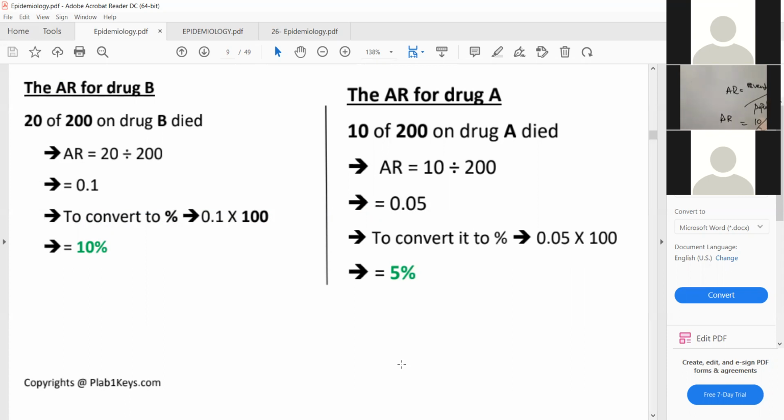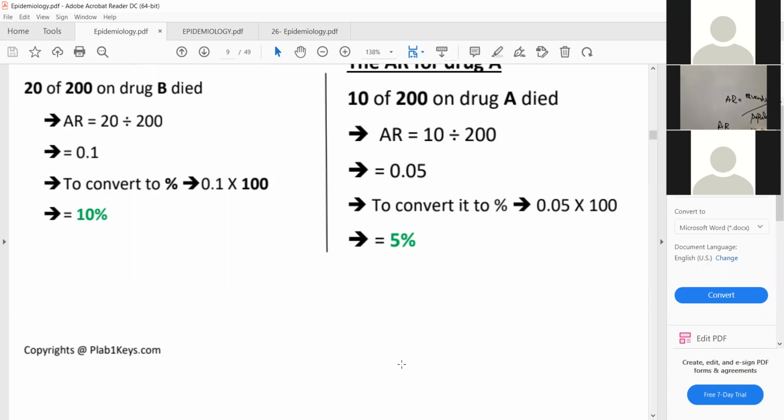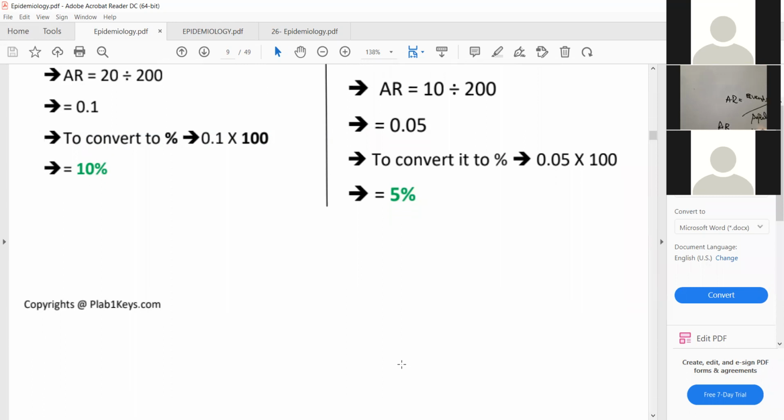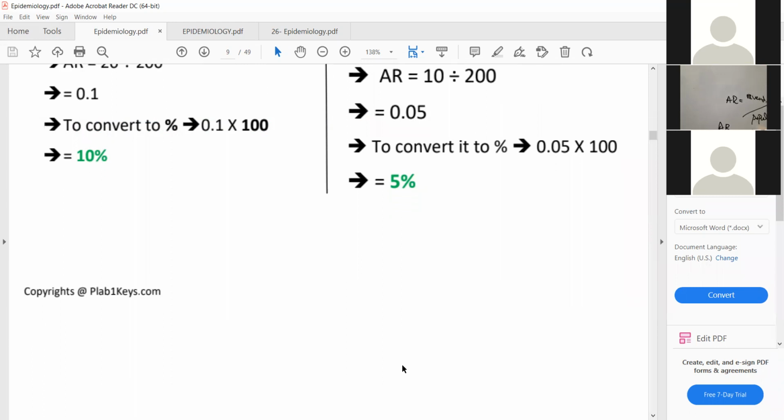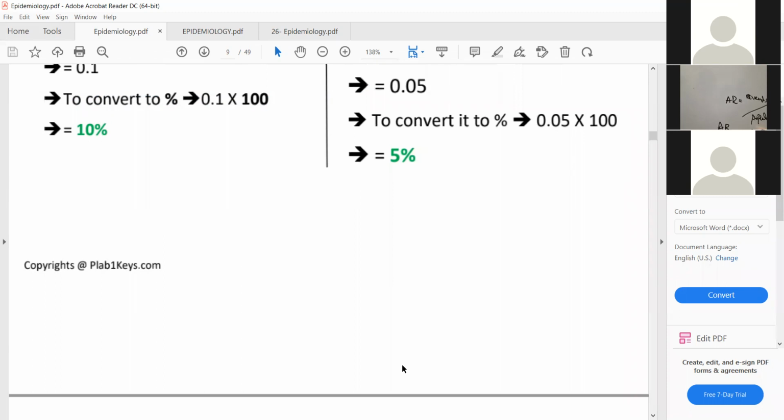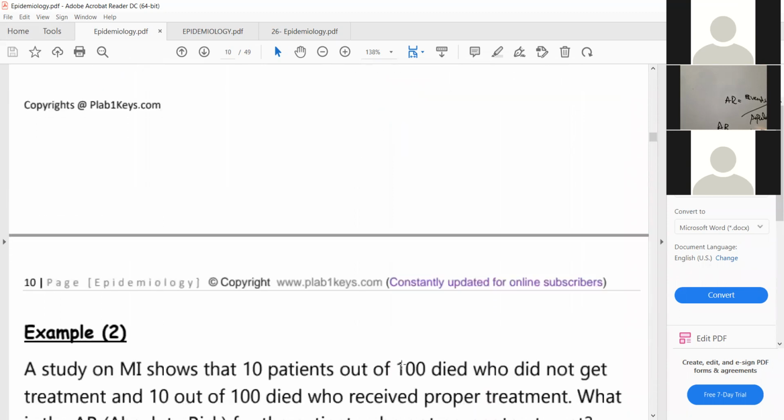So the absolute risk for drug B is 10%, and similarly, the absolute risk for drug A is 10 divided by 200, that is 0.05, and to convert into percentage, 0.05 multiplied by 100 is 5%. So this is how you can calculate.